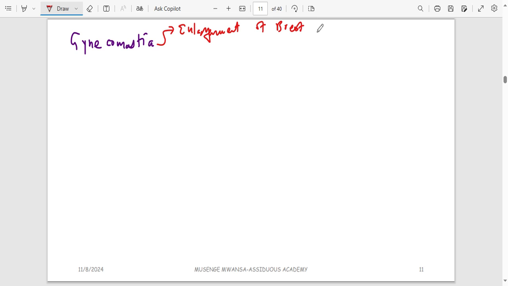And it is important to understand that the cause is imbalance. Please, not high. So it is an imbalance of estrogen. Take note of that. Estrogen imbalance, not high estrogen.